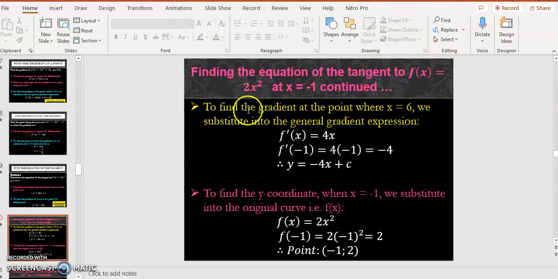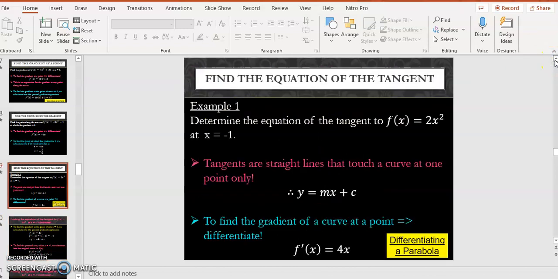To find the gradient at this point, we substitute it into the general equation. What is our general equation? Let's go back to that slide. We have this equation, which is our general equation. f of x is equal to what? 2x squared. To find the gradient, we differentiate this one to get this, as I've already said.